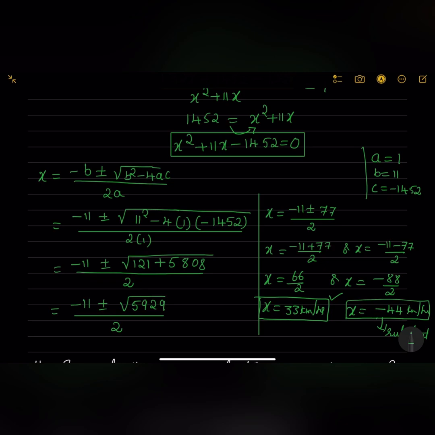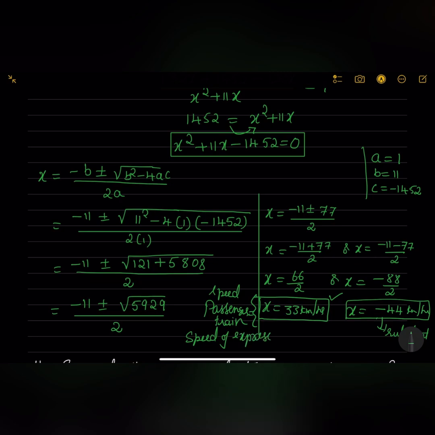And if it is the express train, then how much is it? The express train will be equal to how much? So it is x plus 11, the speed of the express train. This is the passenger train. Now the speed of the express train is equal to x plus 11.